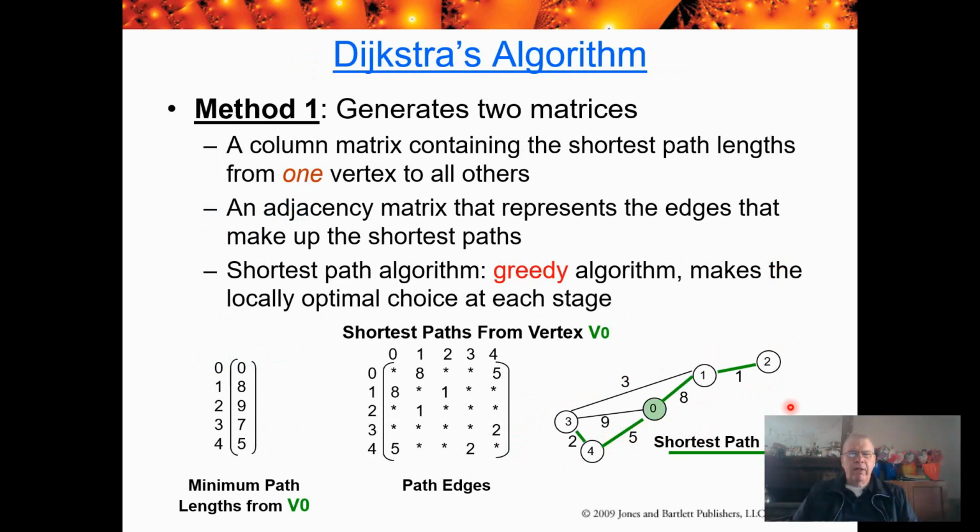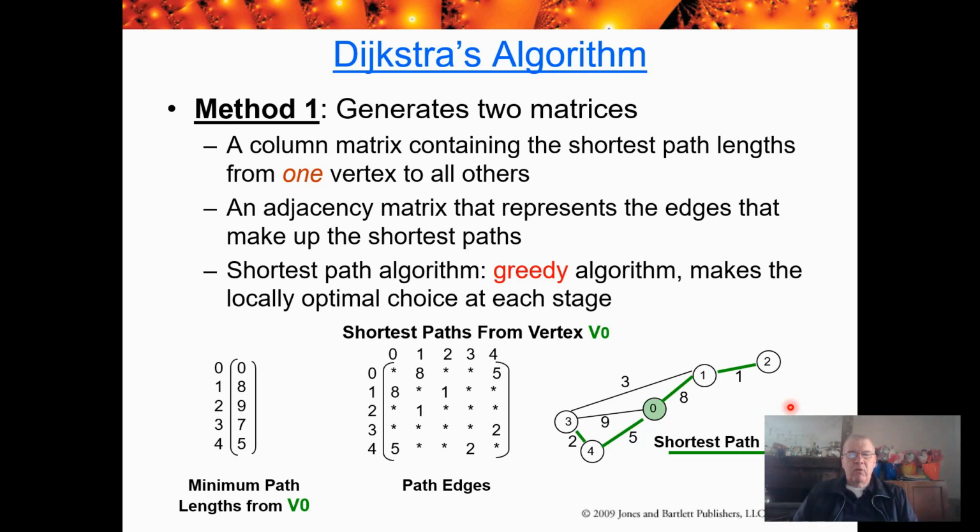Method one is the one that Dijkstra originally came up with, and it's fairly complicated. It's what McAllister, the book, expands upon. And then method two is the way I learned, which is a little bit simpler. So we'll talk about both of those.